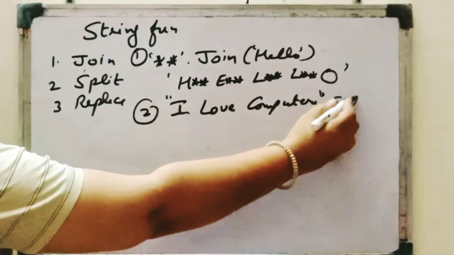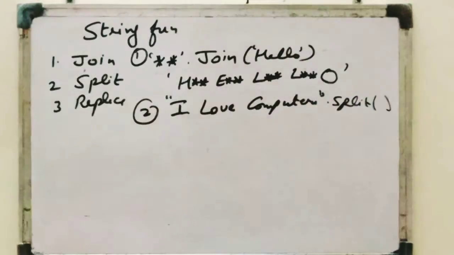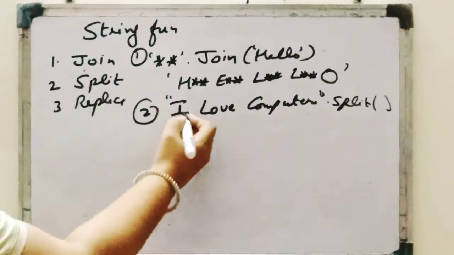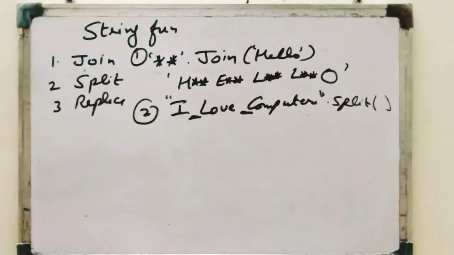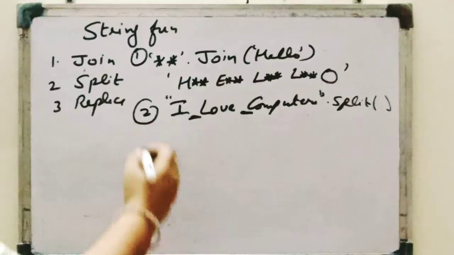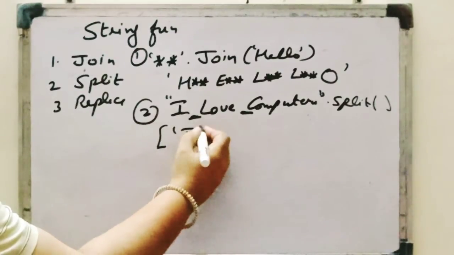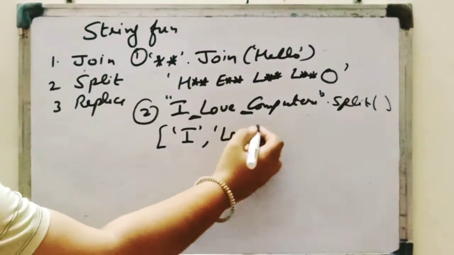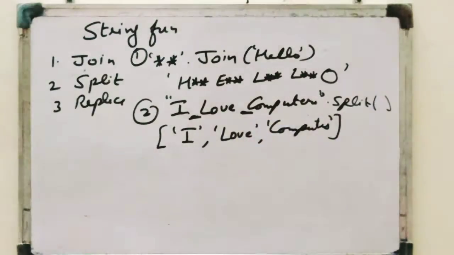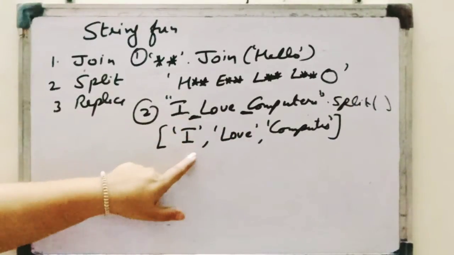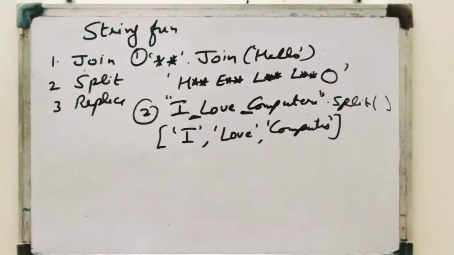If I call the split function, wherever there are spaces, it takes them as a separator. Each piece is treated as an individual word in a list. So the answer will be 'I', 'love', 'computers'. Wherever a space occurs, it will split from that point.